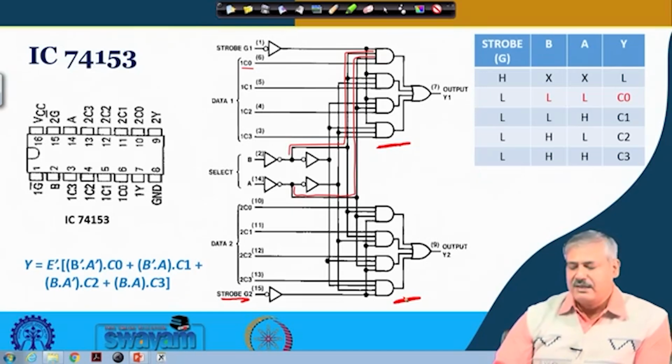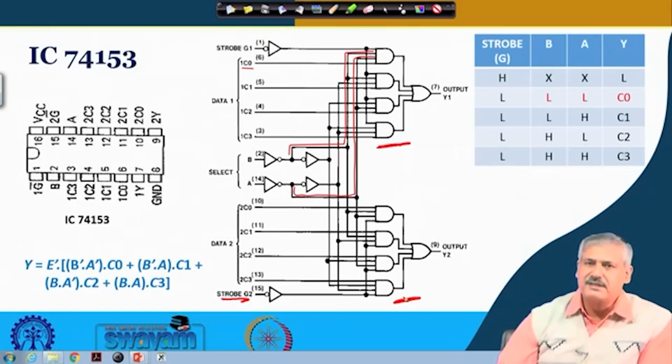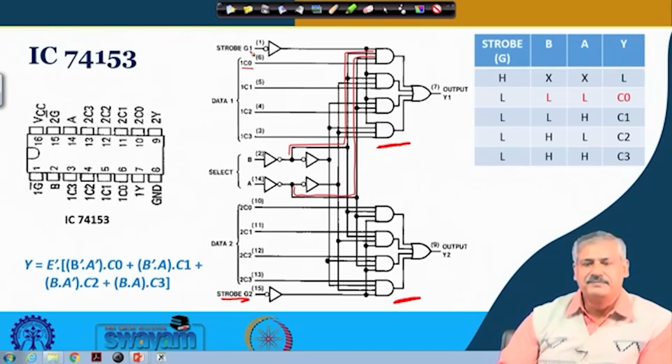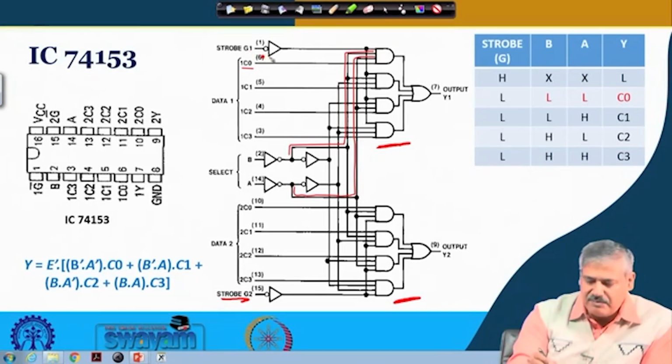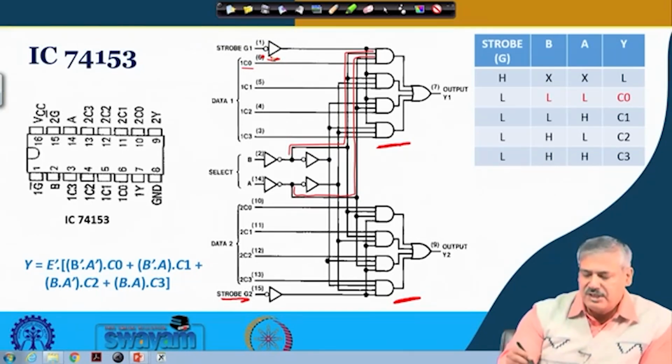Now, we look at how this practical circuit, which is there in the form of an integrated chip, works. When strobe is high, there is an inverter over there, a NOT operation that is happening, so this output is 0.